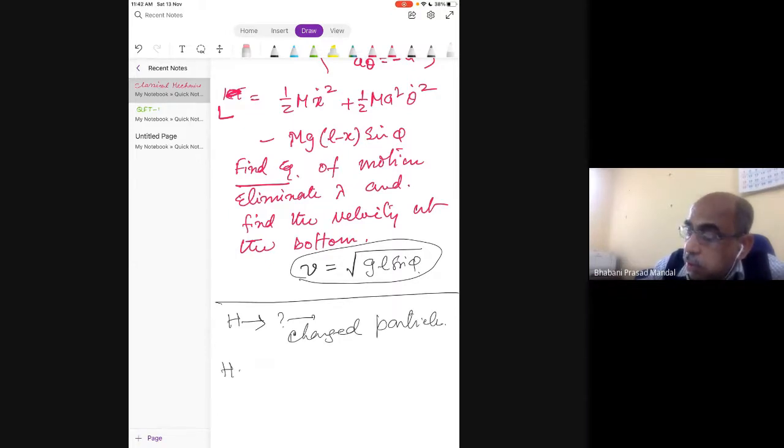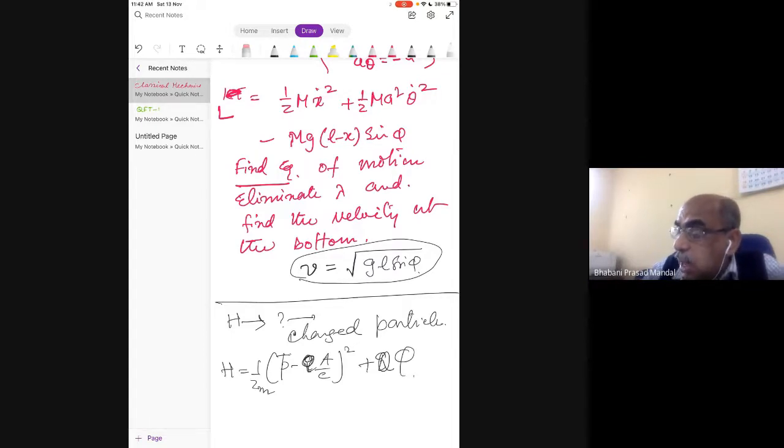This Hamiltonian you are supposed to get: H equals P minus Q A by C, whole squared, over 2m, plus Q phi. Here Q is charge, and A and phi are the vector potential and scalar potential. This Hamiltonian is used particularly for the hydrogen atom and any system. So this you should know.